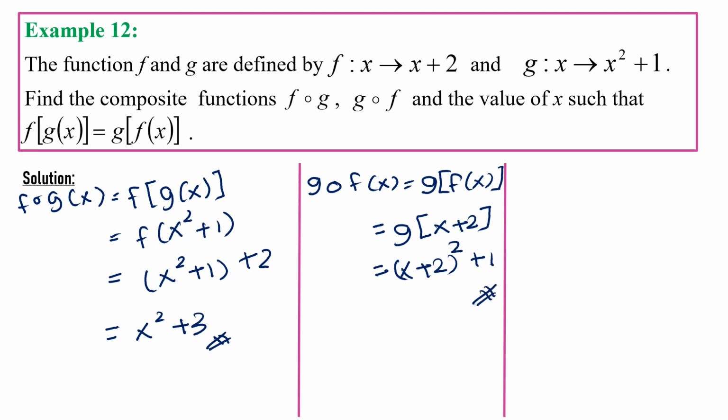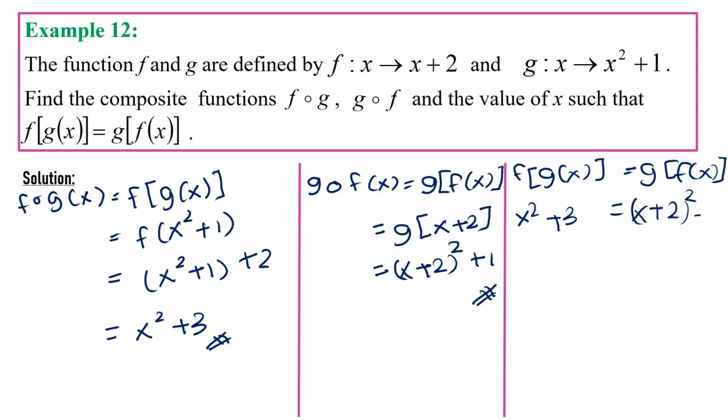And then the last question, that we need to equate both composite functions. So we have f of g of x equals g of f of x. Okay, so f of g of x is x squared plus 3 equals (x plus 2) squared plus 1.